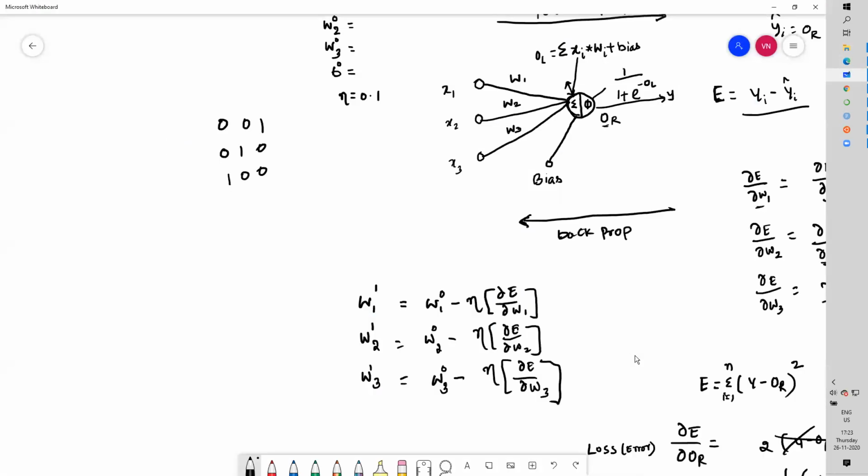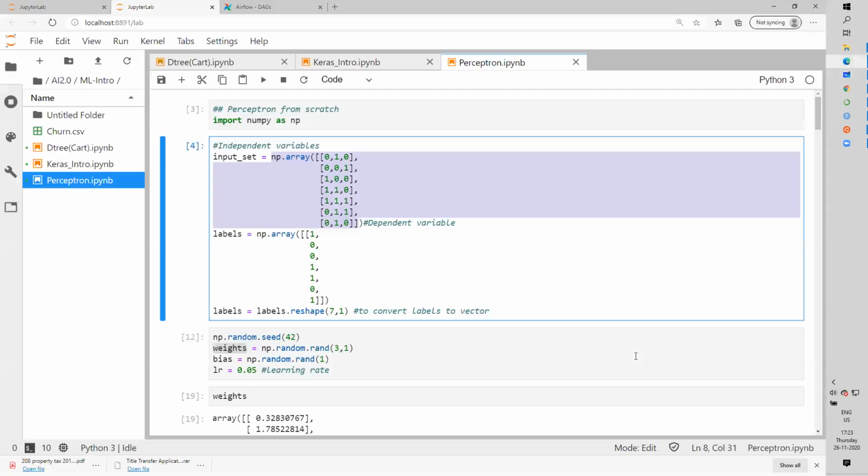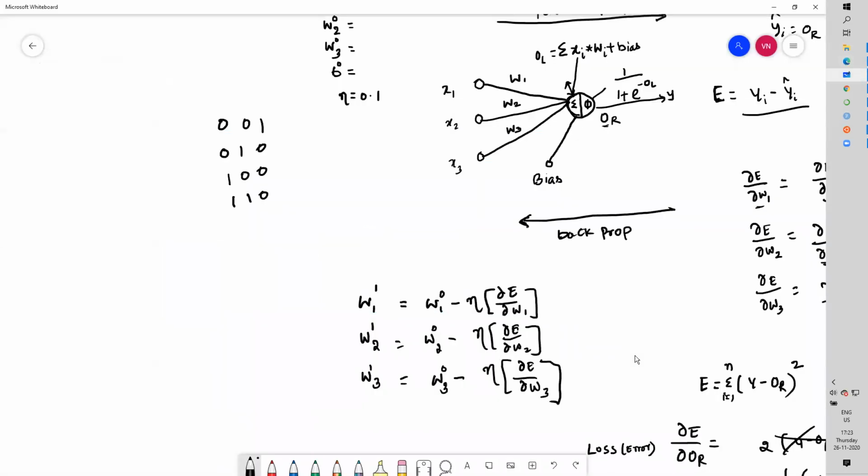Then 1, 1, 0. 1, 1, 1. 0, 1, 1. 0, 1, 0. Okay, so these are the inputs that we are passing. These inputs are x1, x2, x3, and we have 7 observations here.